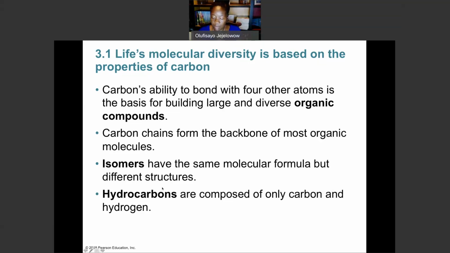Why are we discussing isomers? Because if organic compounds just formed long straight chains and could not bend and change their structure, then we could not have the kind of 3-dimensional structures that we have in living organisms. Otherwise, we would have miles and miles of strange, long, spider-like organisms.